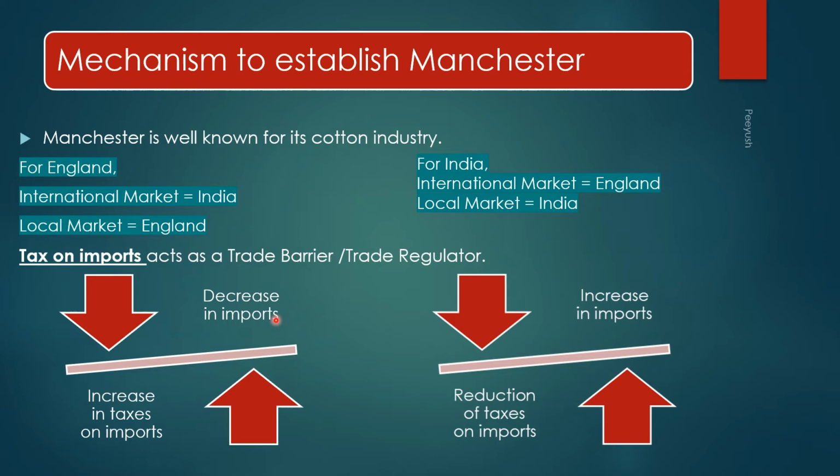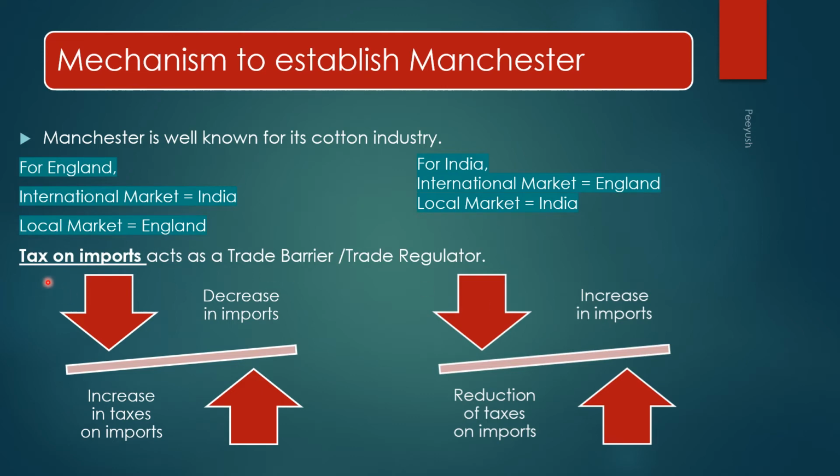Very simply, when you increase taxes on imports, the quantity would automatically decrease. On the other hand, when the taxes on imports are quite low, more and more products would start flooding into the country. This particular topic you would study in economics as well, in globalization.